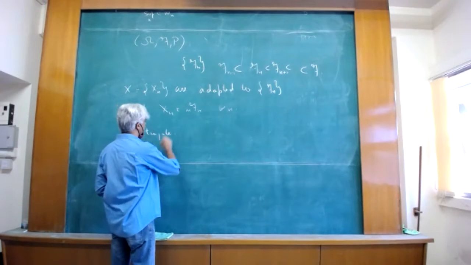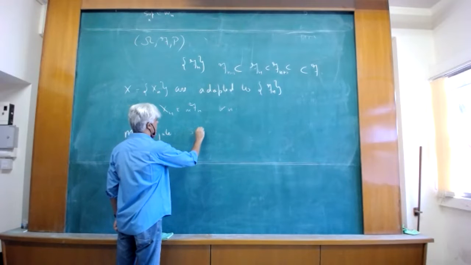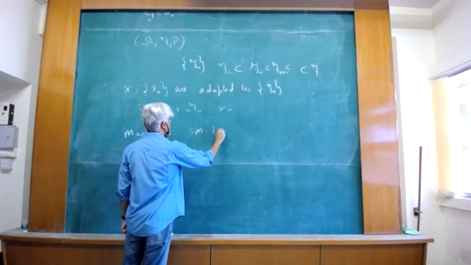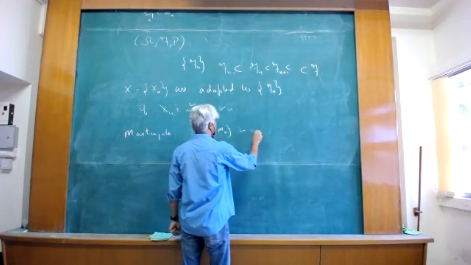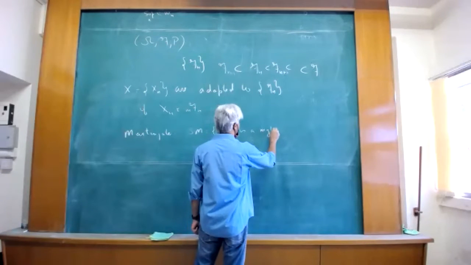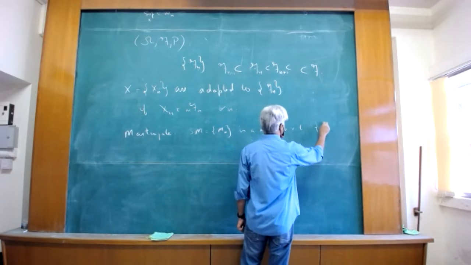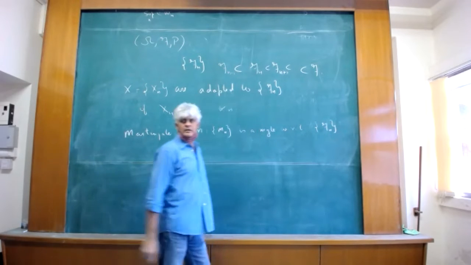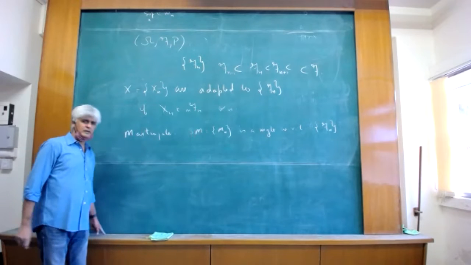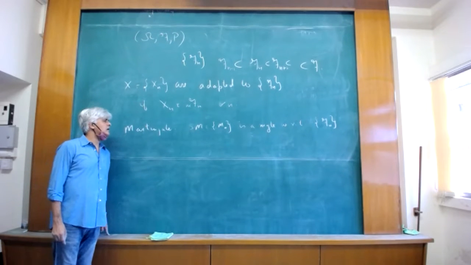M equal to (Mn) is a martingale with respect to a filtration. It's always with respect to a filtration. Hence your point that you may be a martingale with respect to one filtration, but not with respect to another filtration.